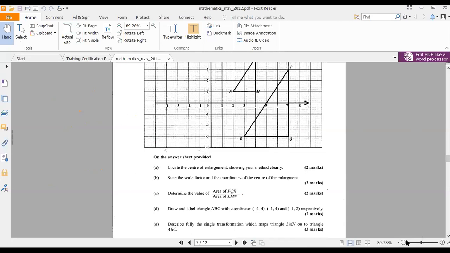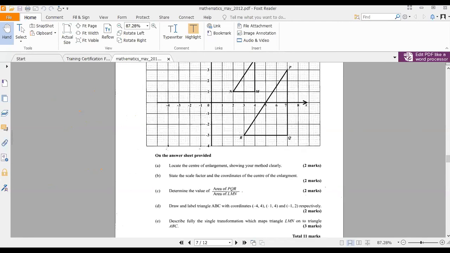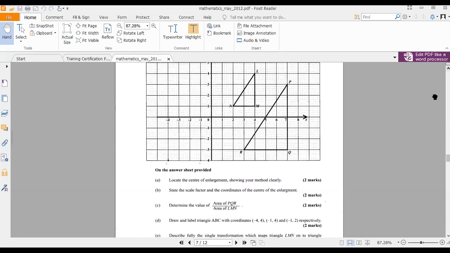Everybody see that? They asked us to draw triangle ABC. Negative 4 and 4, so we are looking at negative 4 and 4 right here.